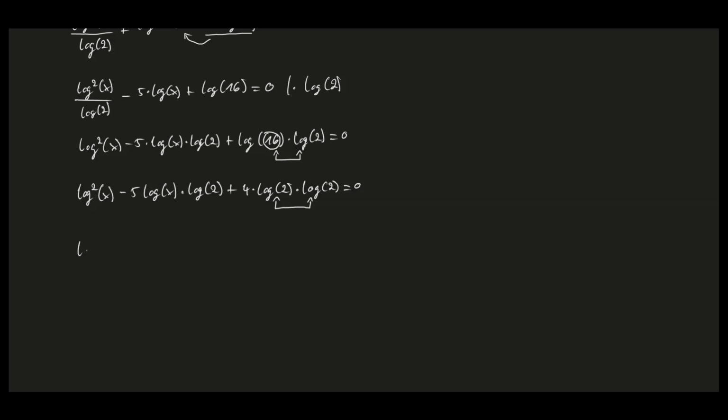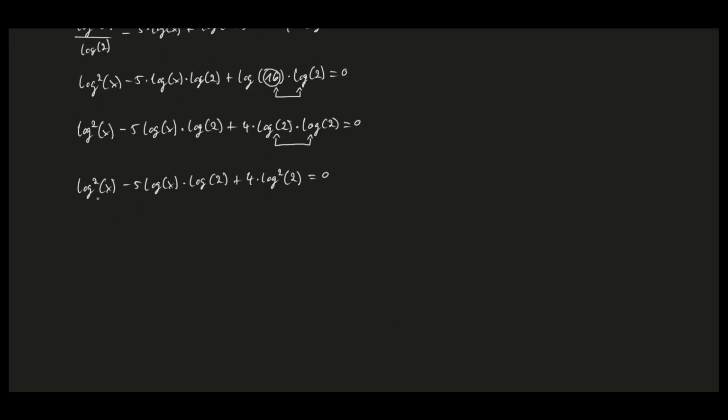And so in the next step, we get the logarithm raised to the power of 2 of x minus 5 times logarithm of x times the logarithm of 2 plus 4 times the logarithm raised to the power of 2 is equal to 0.